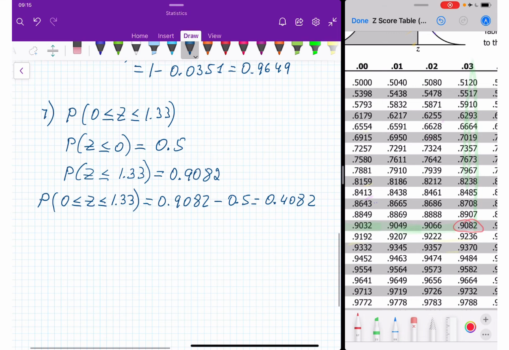Okay, question number 8. Not bad, isn't it? It's not difficult to work with the table.